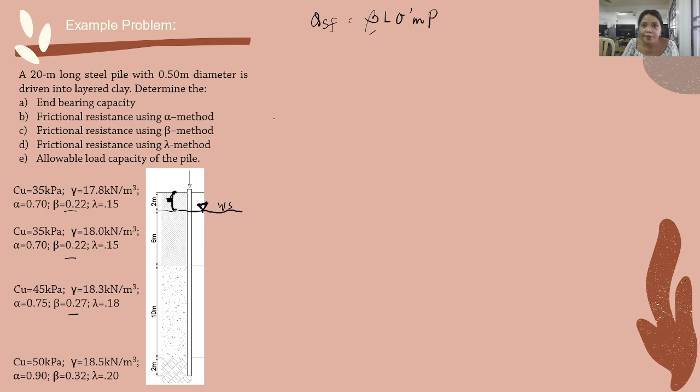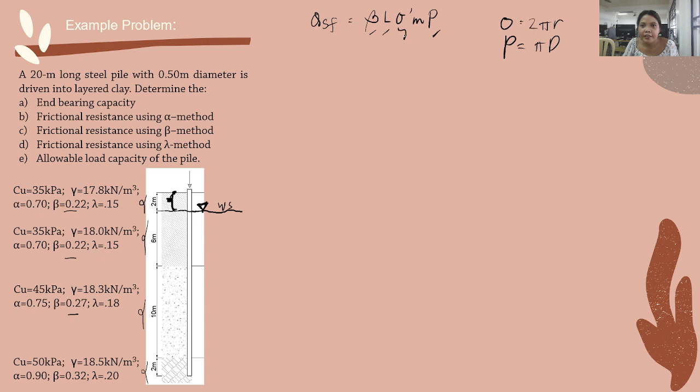Si length naman, given din siya per layer, we have 2 meter, 6 meter, 10 meter, and 2 meter. So, kahit mamaya na natin siya i-consider. Si perimeter naman, given din yan kasi that is the circumference of the circular steel pipe. So, the circumference is 2 pi r, or simply pi diameter, pi d. Okay, so makikita mo na yung P niya.